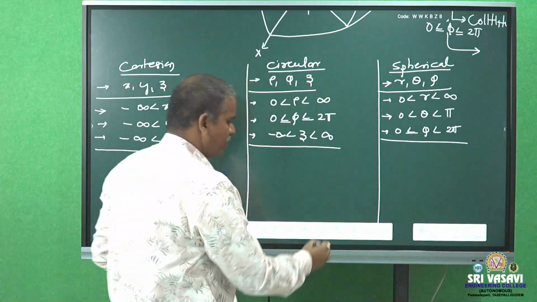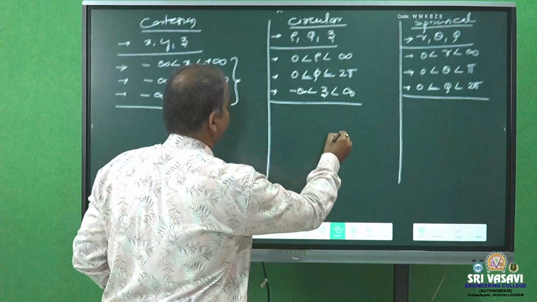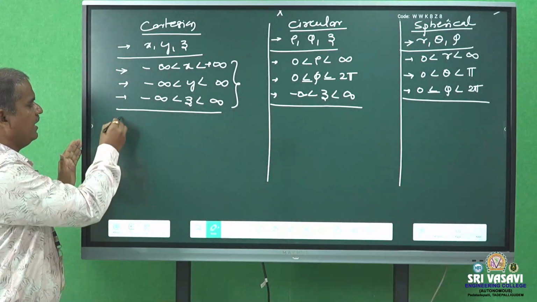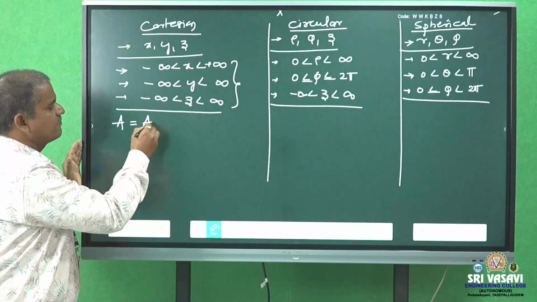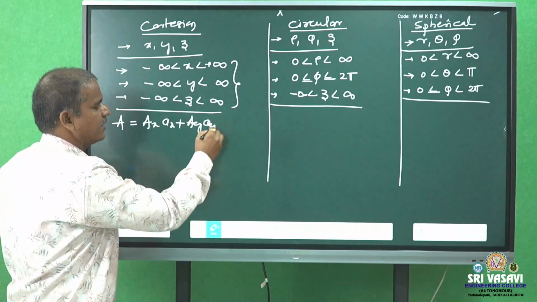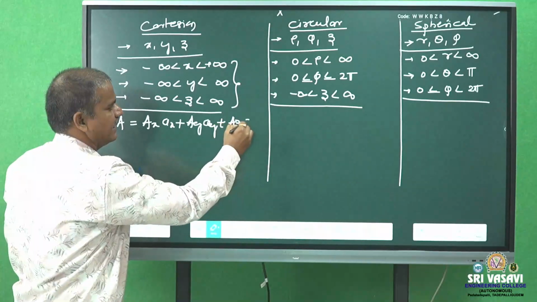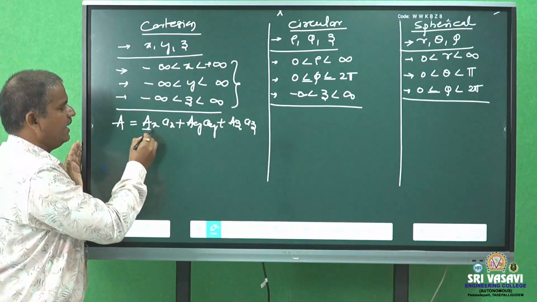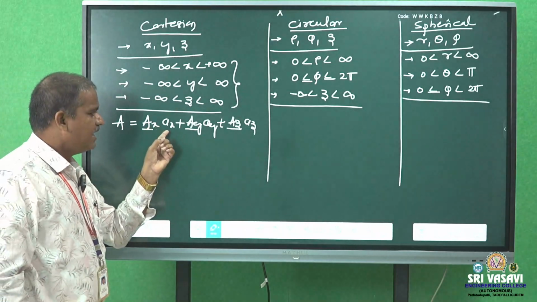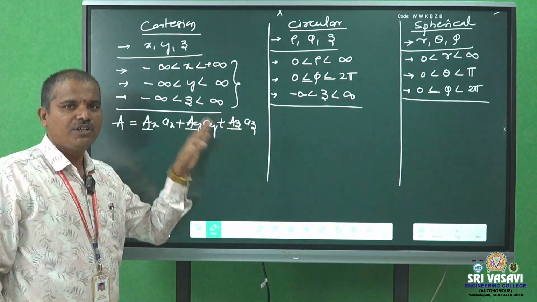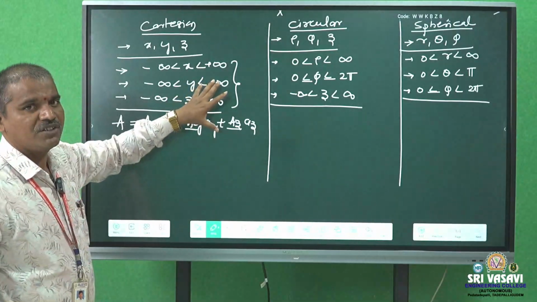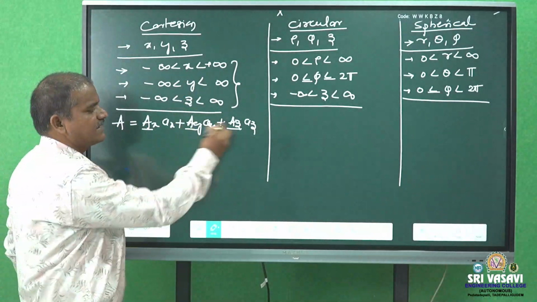Next, third one, we will represent it in vector form. Let us take A is equal to ax plus ay plus az, where ax, ay, az are components of A, where small ax, small ay, small az are unit vectors along x, y, z direction. I am talking about Cartesian, focused on only x, y, z.